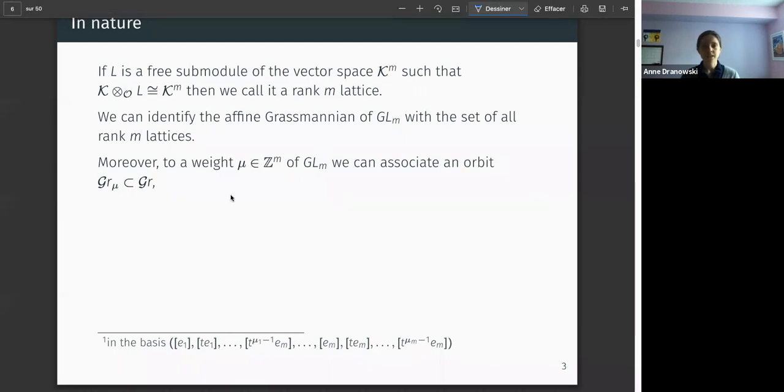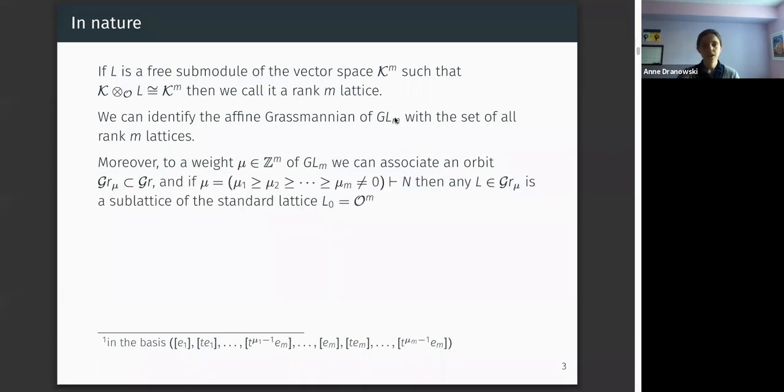I can associate various special orbits in the affine Grassmannian. And the one that will yield such matrices, as we'll see in a minute, I will denote by Gr lower mu, and I won't define it, but just to know that it is an orbit in Gr through a point associated to a weight of GL_m.